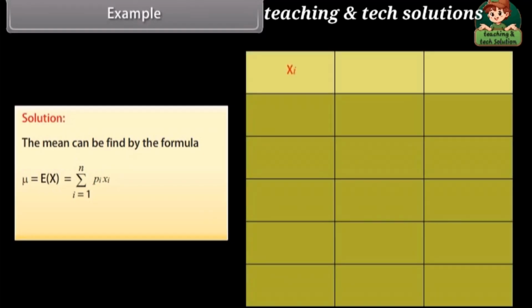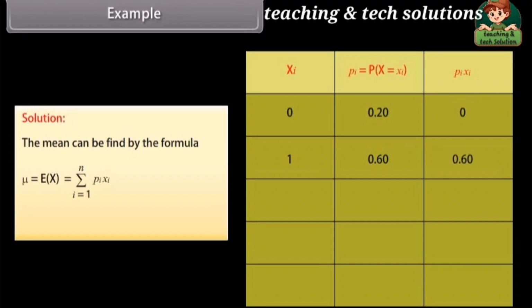For xi = 0 and pi = 0.20, pi xi = 0. For xi = 1 and pi = 0.60, pi xi = 0.60.